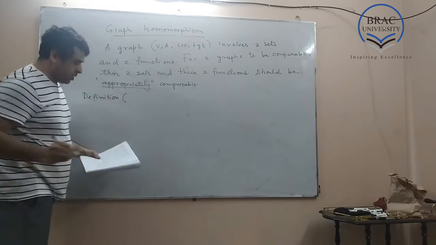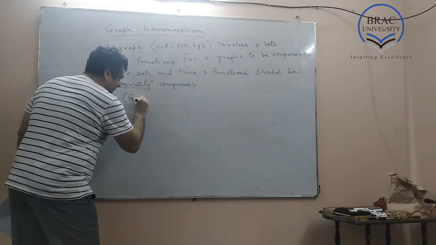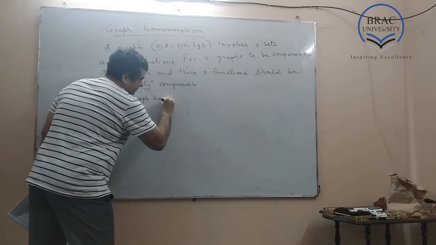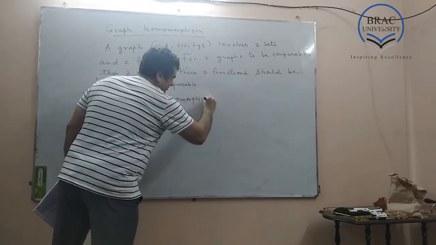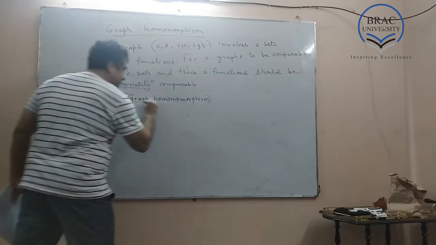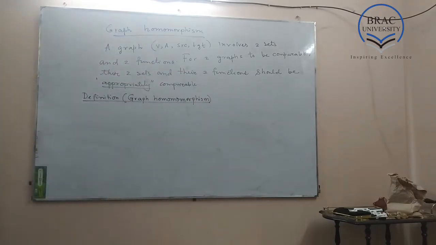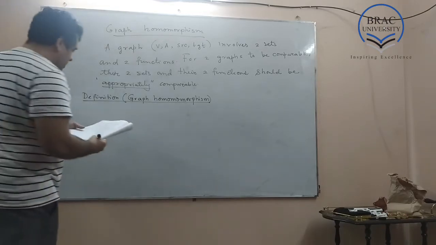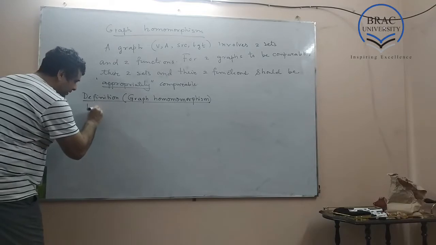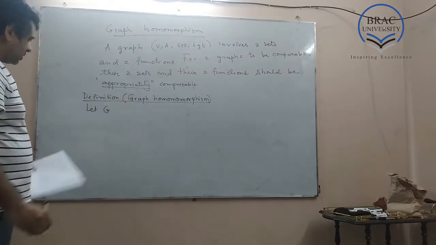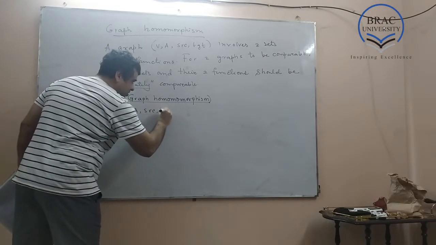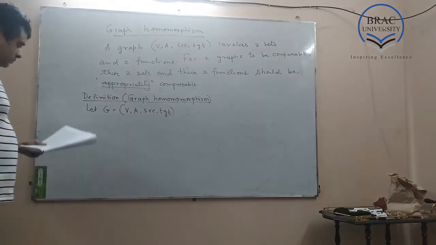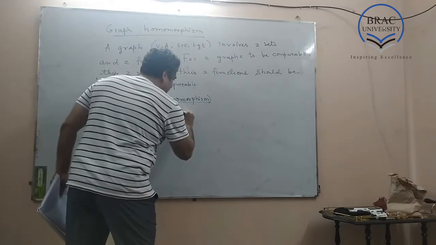Definition of graph homomorphism. Let G, given by V, A, SRC, TGT, be a graph, and we have another graph.